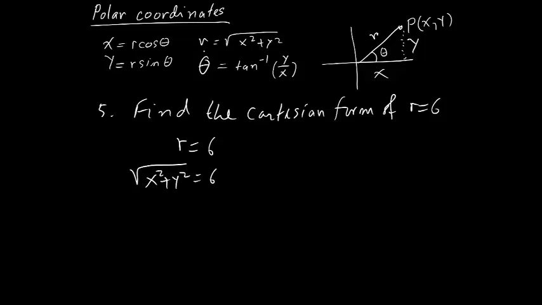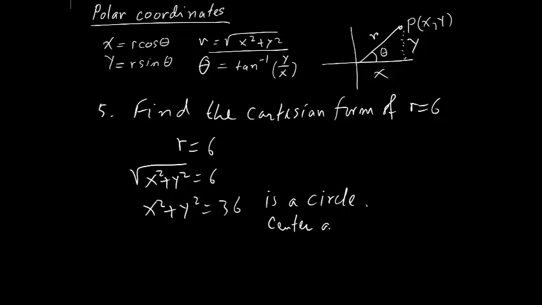Because see here, r is square root of x squared plus y squared. Now you square both sides, you get x squared plus y squared equals 36. This is a circle, isn't it? Center at 0, 0. Radius is 6. All right, that's it.